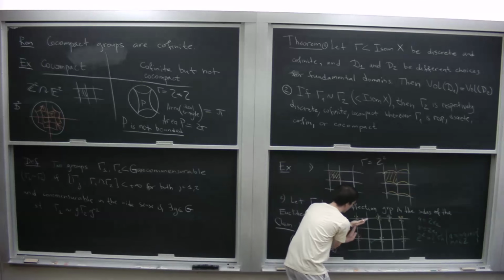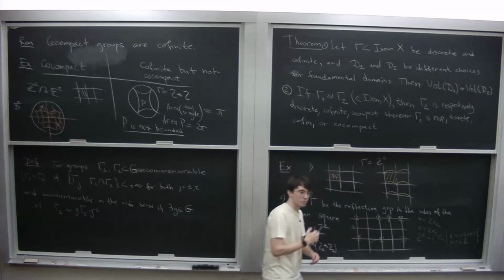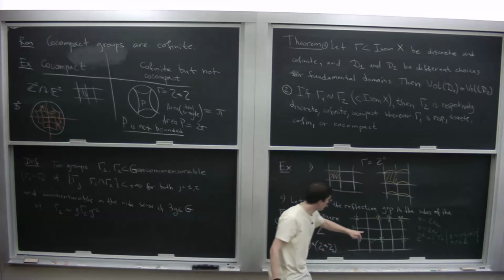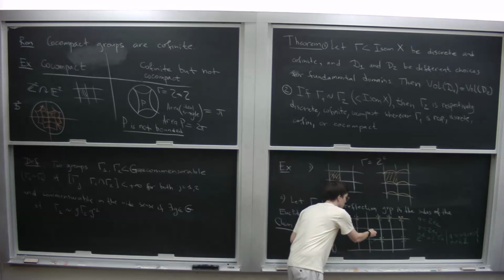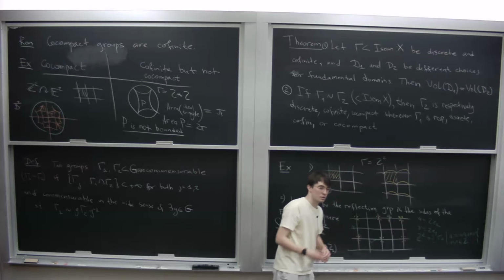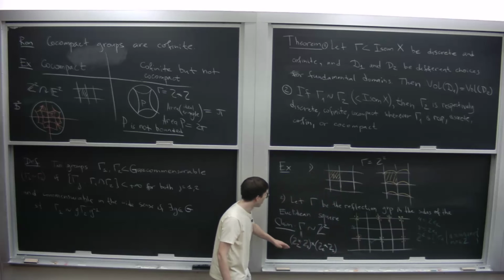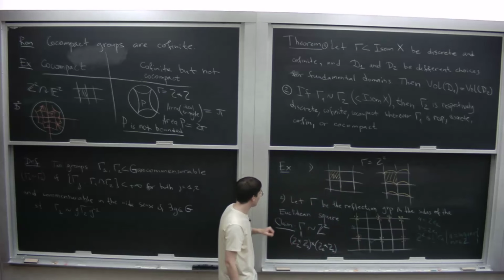So the reflection here and the reflection orthogonal to it commute with those since the angle is pi over 2, right? The composition of these 2 reflections is just the central symmetry, and it doesn't depend on the order. So this gives us this decomposition. I think it's correct.